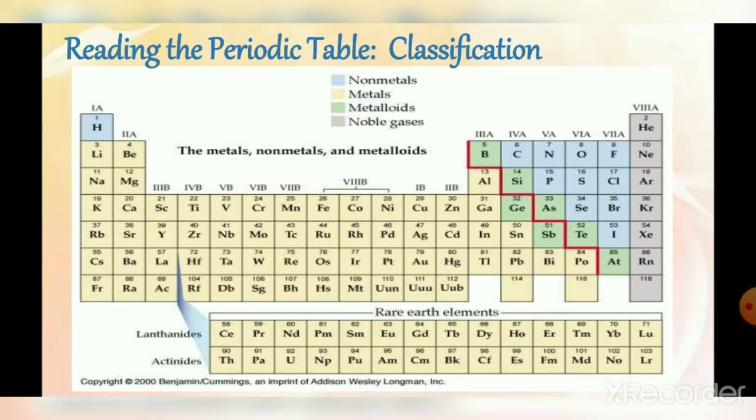If you look here, the faint blue color elements are carbon, nitrogen, oxygen, fluorine, phosphorus, sulfur, chlorine, selenium, bromine and iodine, and along with that hydrogen. All these are called non-metals. And the elements shown with the faint yellow color are categorized under the metals.